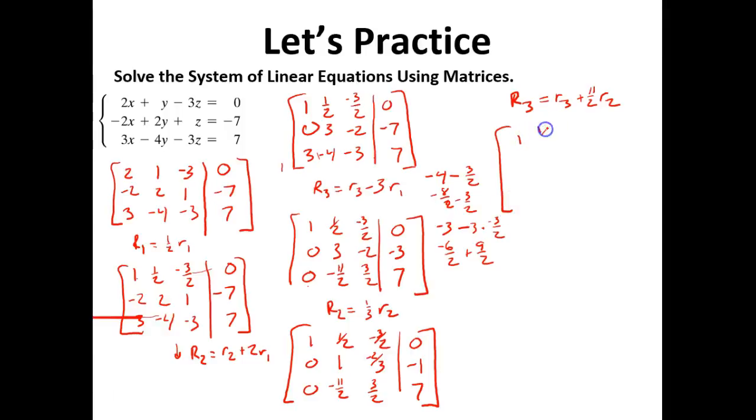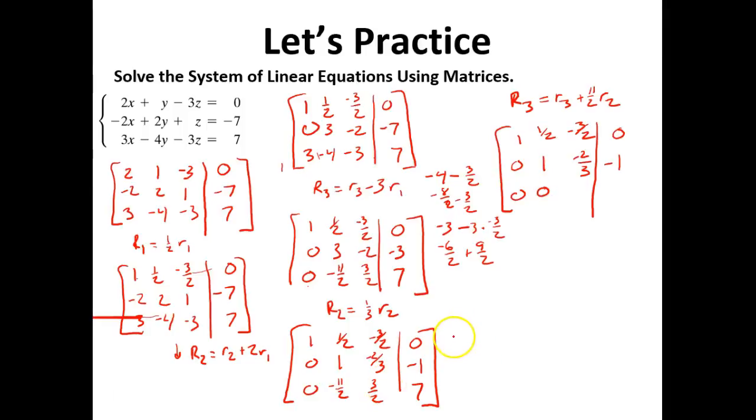A lot of this is just copying down the parts, so you want to try to be very accurate when you're copying. Second row, not changing. We're changing row 3, so the second row stays the same: -1. And the last row, we're taking this plus 11 halves of this, so that's still going to stay 0. This plus 11 halves is going to become 0.